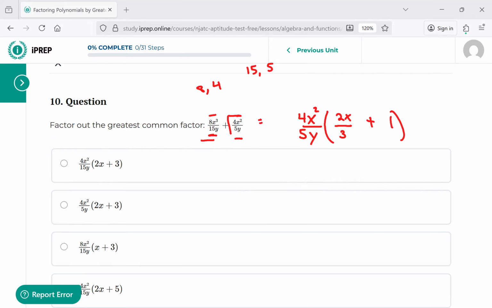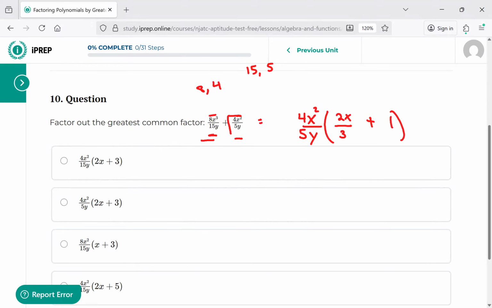I don't see my choice. But look at our choices. We could take out a 4x squared and a 5y.